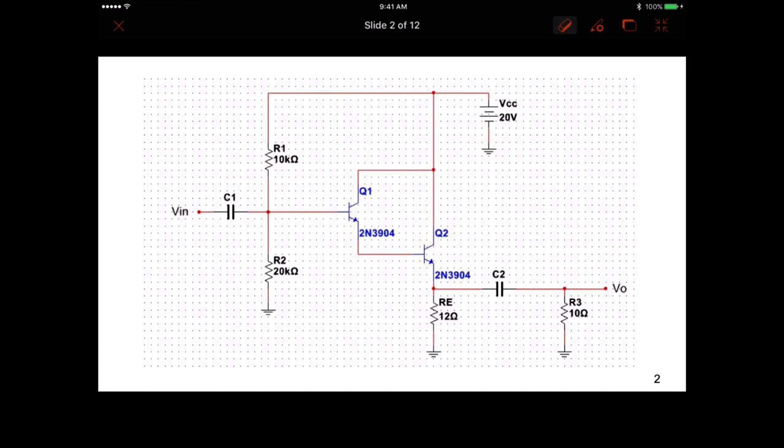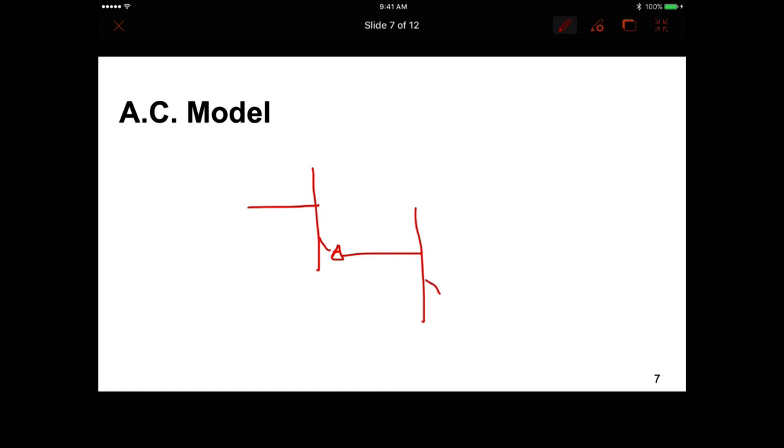Again, the procedure is that we throw this away, short that to ground, replace with a jumper wire, and then redraw. So what we end up with is like that.